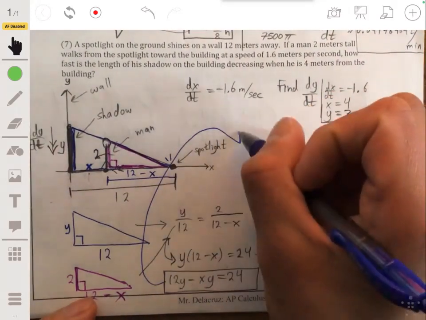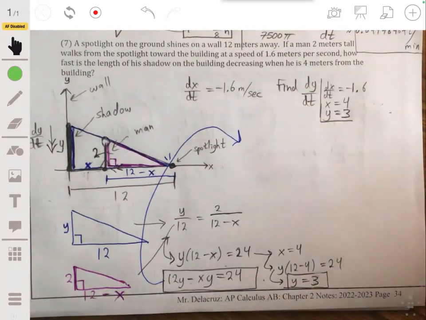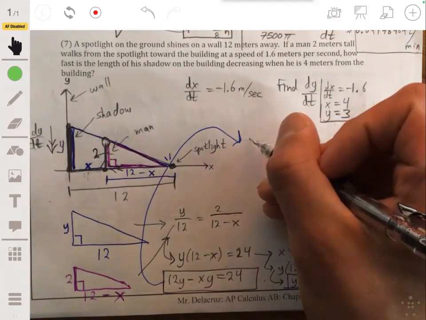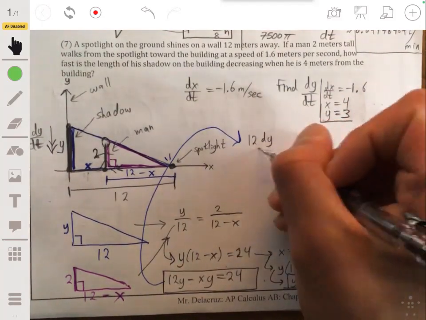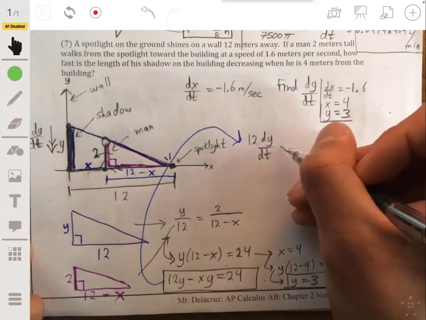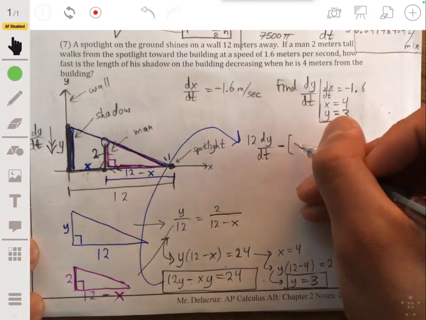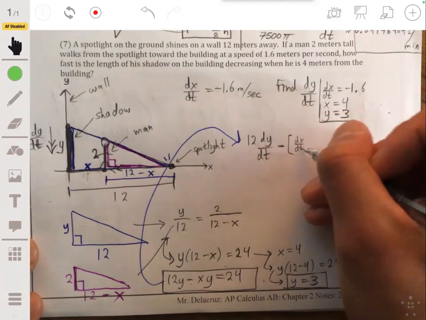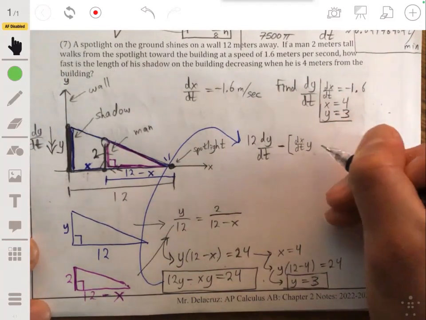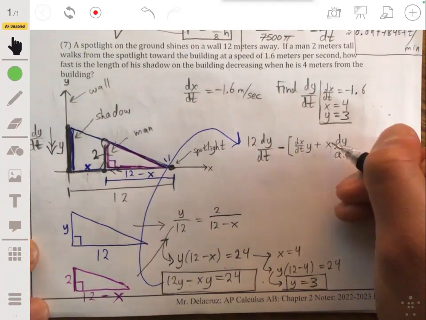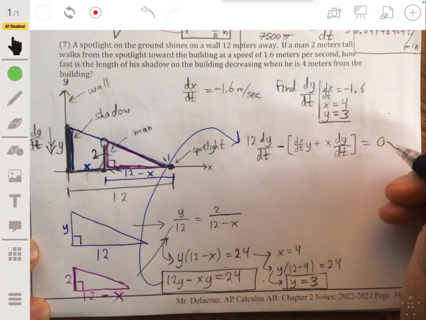All right, so let's go ahead now and differentiate this equation. Treat it like implicit differentiation. So we got 12 dy/dt minus, here we're going to use the product rule, so minus (dx/dt times y plus x times dy/dt) is equal to 0.